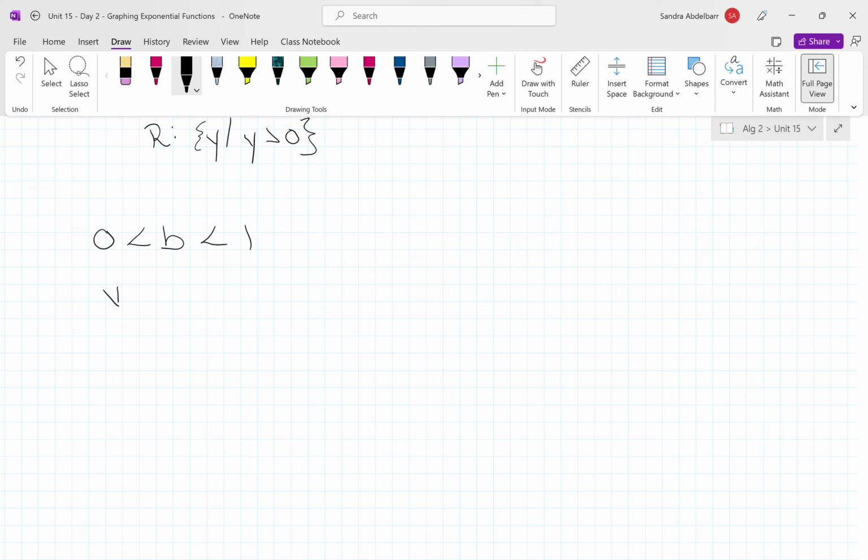So let's look at y equals (1/2)^x. Can a half raised to the x power ever equal 0? Is it possible? Is there a number that we could substitute in for x that will make a half 0?